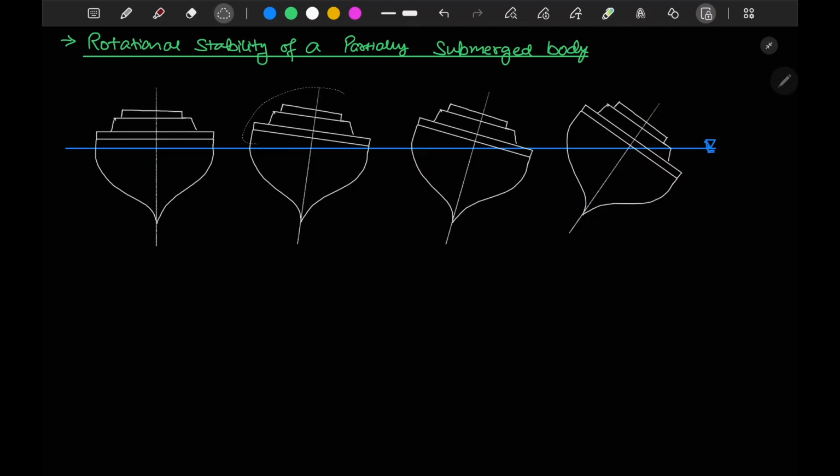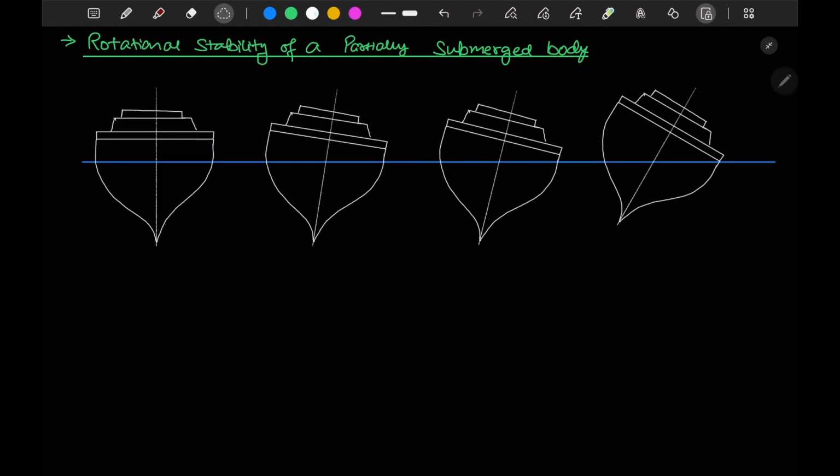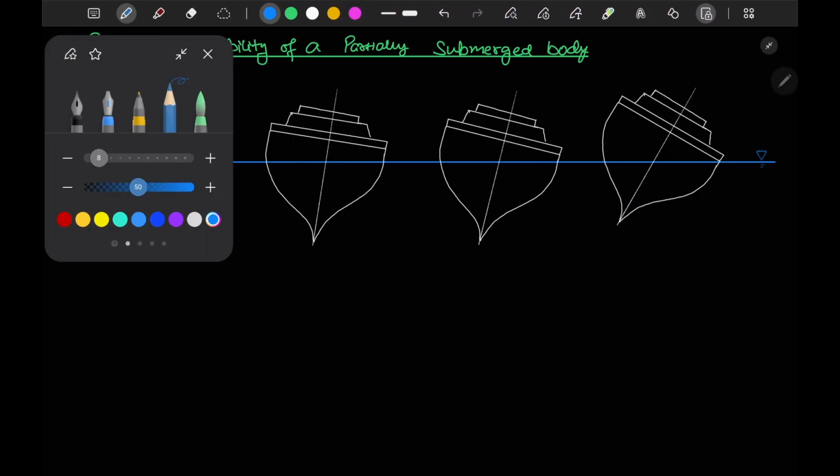Let me move these figures somewhat upward. So here let's consider this figure.